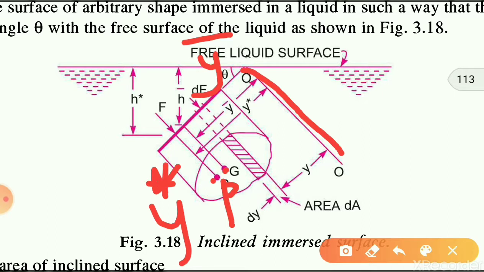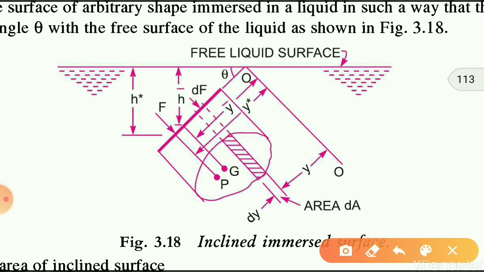And if you consider an elemental strip on this whole surface at any point, the distance of this elemental strip from this axis OO is y.